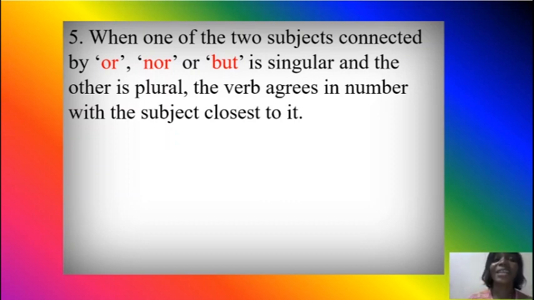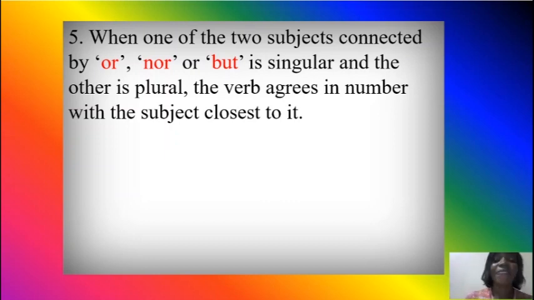What that means is that if you have a sentence with two subjects, and one of those subjects is singular while the other is plural, and these subjects are joined by correlating conjunctions such as neither nor, either or, not only but, and or what have you, the verb agrees in number with the subject that is closest to it.